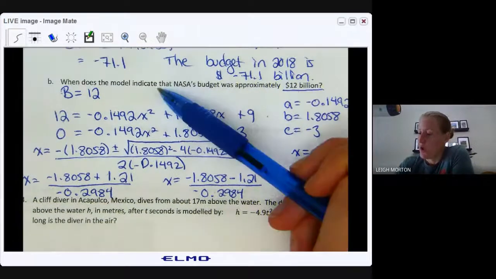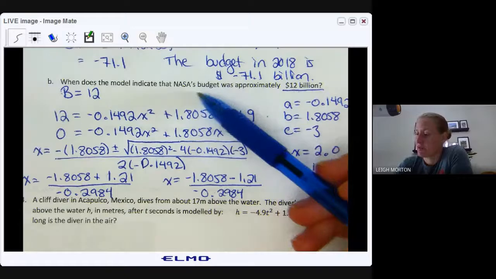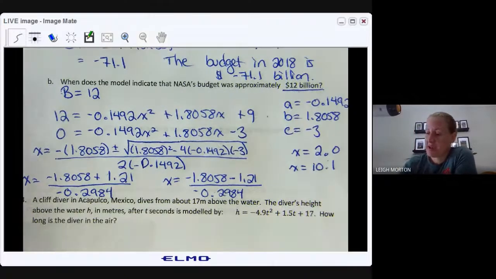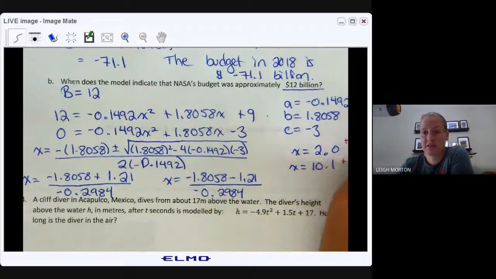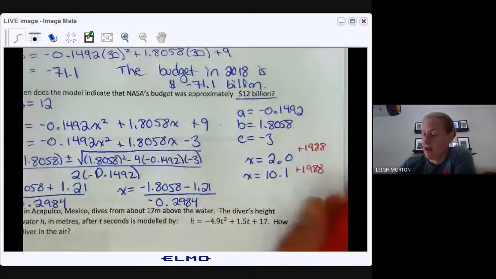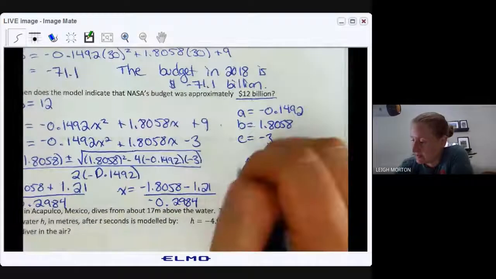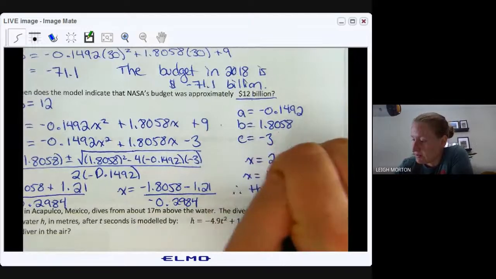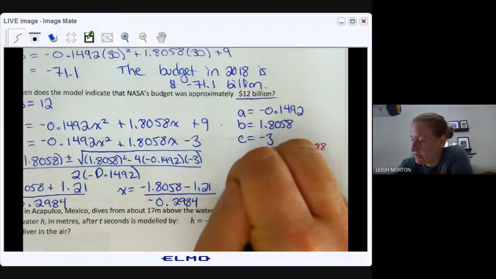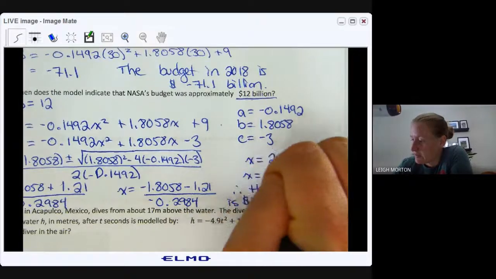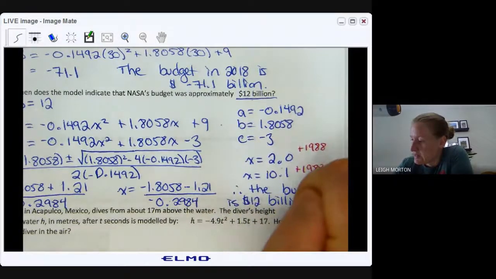So the question is, when does the model indicate that NASA's budget was approximately 12 billion? Well, x is the number of years since 1988. So I just add 1988 to each of these. And that would give me, therefore, the budget is 12 billion in 1990.